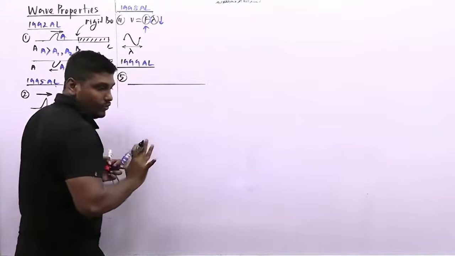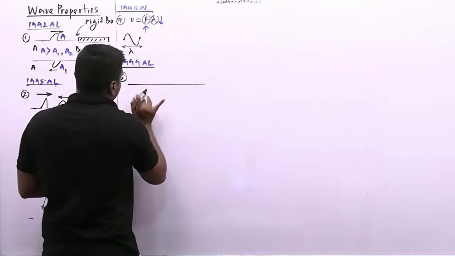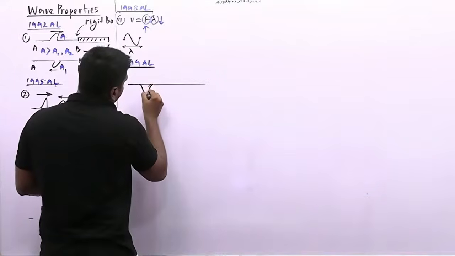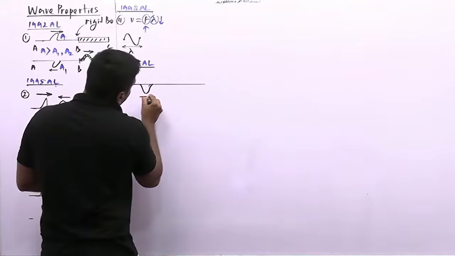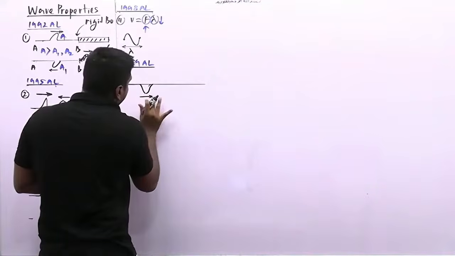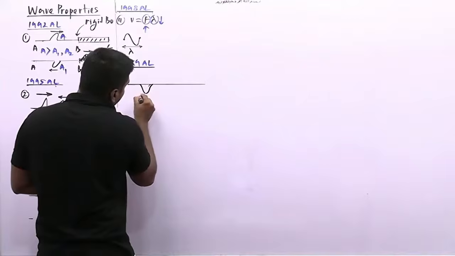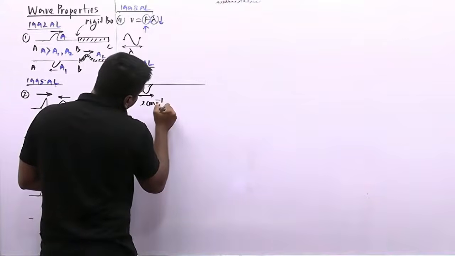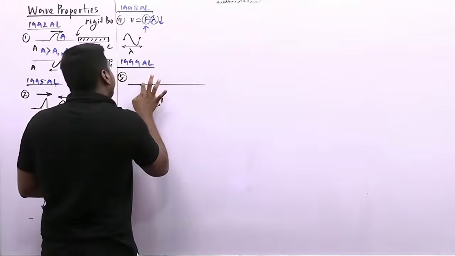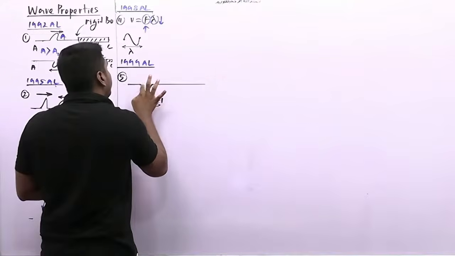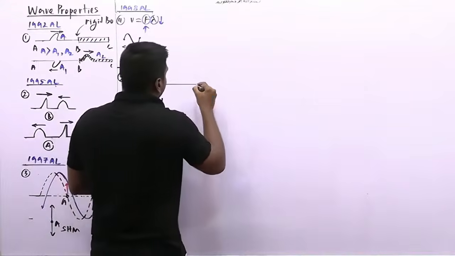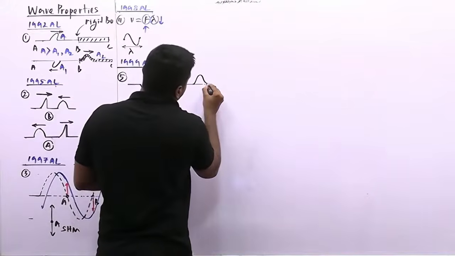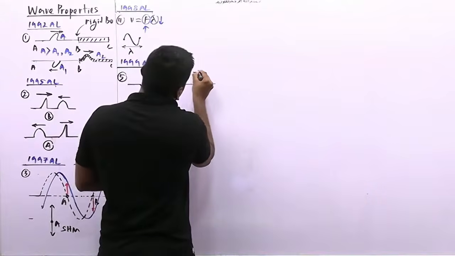Not difficult, can do. This pulse moves to the right side with velocity 2 centimeter per second. And also this pulse moves to the left side at a speed of 2 centimeter per second.